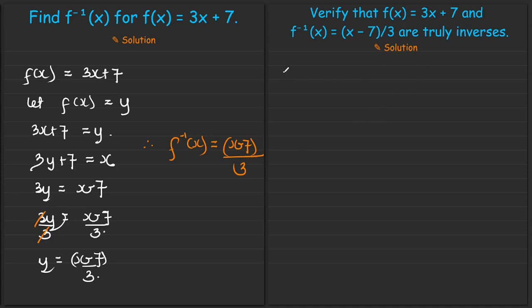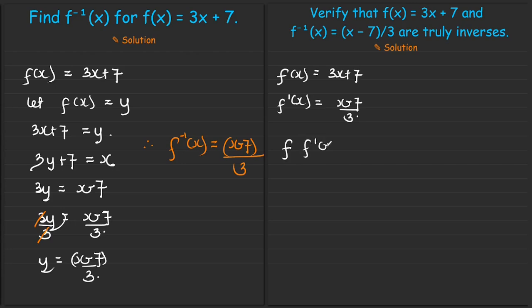So let's say f of x is equal to 3x plus 7, and also f inverse of x is equal to x minus 7 all over 3. So composing one into the other, we want f of f inverse of x. That is to say, wherever we see x, we'll put the whole of this inside.